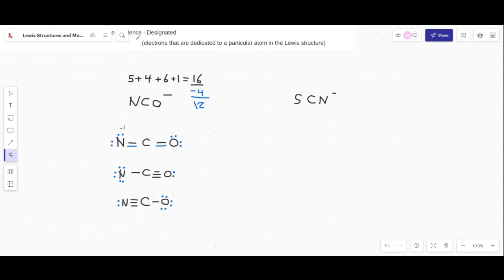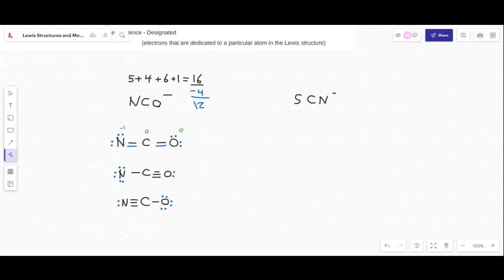And the formal charge on the carbon? And the formal charge on the oxygen? Yeah, 0, right? All right, now what about the next one?